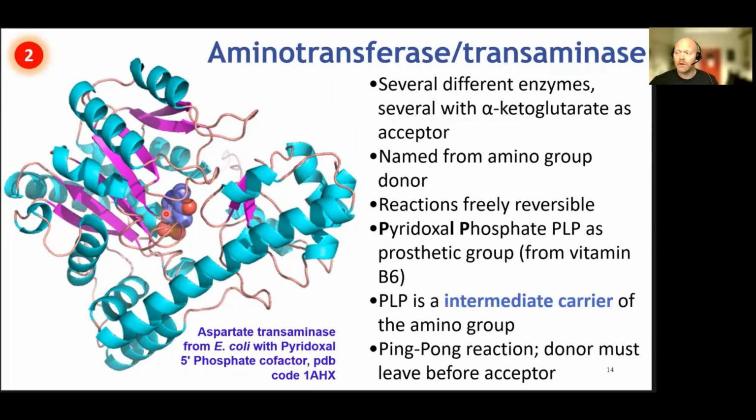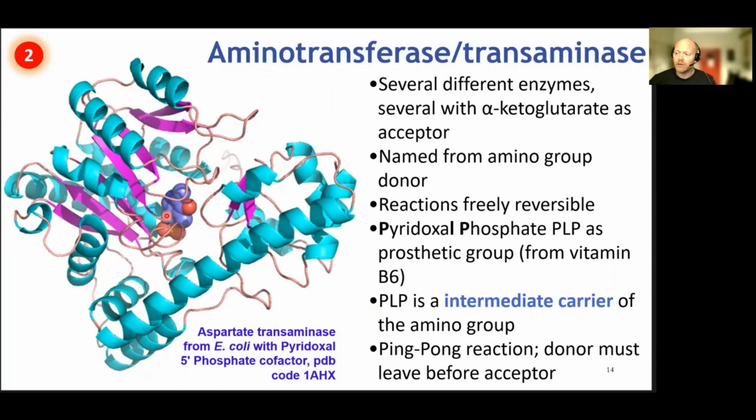Transaminases are also called aminotransferases and comprise a group of many enzymes, several with alpha-ketoglutarate as acceptor of the amino group transferred. They are named from the donor of the amino group, so in this case, it is the aspartate who donates its amino group. The reaction is organized as a ping-pong reaction.